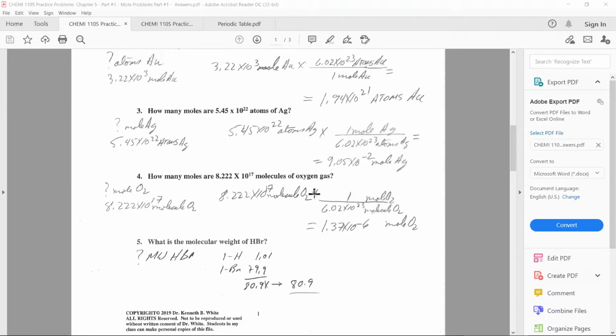So molecules of O2 divided by molecules of O2 cancel out. We're left with moles of O2. Where do we get the number? 1 mole equals Avogadro's number. Number 1 is an exact number, and the other has 3 significant figures. Do the math, and our answer is, yay, 3 significant figures.